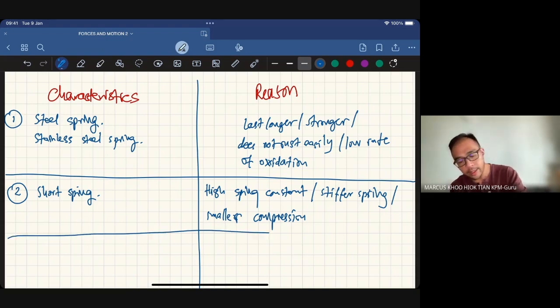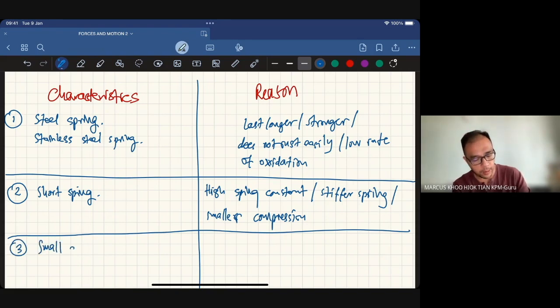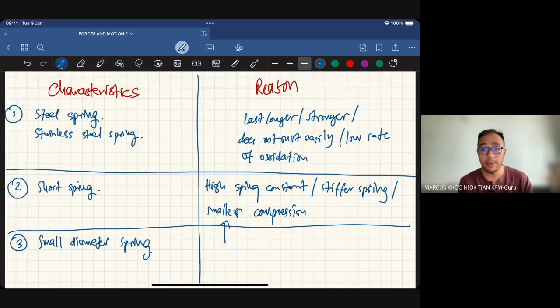A third one will be small diameter of spring. Small diameter spring. And actually, technically, the reasons for this are the same as the above. Same reason. Big spring constant, you have a stiffer spring, and then you have smaller compression.